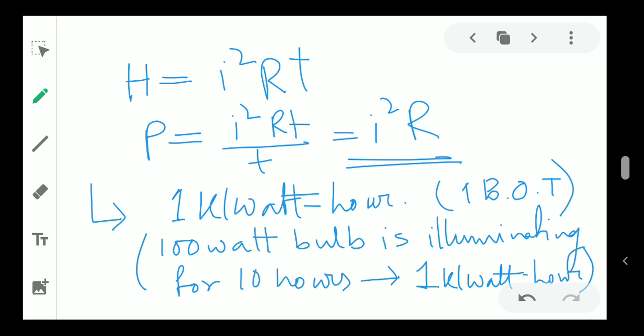These are the same things. So sometimes we say 1 BOT.